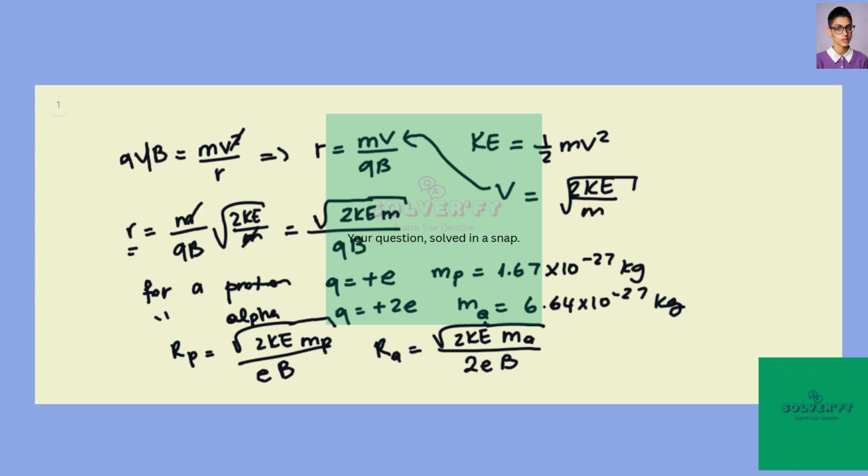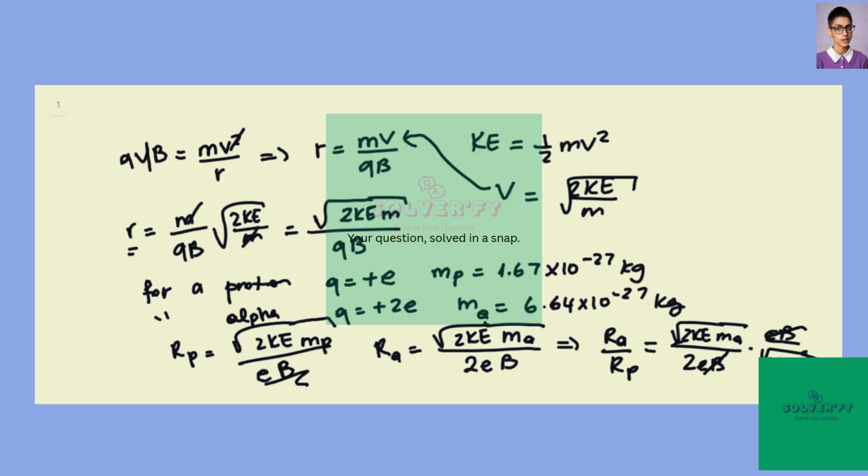Now, let's take the ratio of the radius of an alpha particle to the radius of a proton. When we do this, we have the square root of 2 KE m_a over 2eB, times, taking the inverse of this side, eB over the square root of 2 KE times the mass of the proton, right?